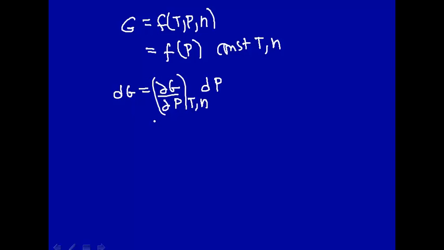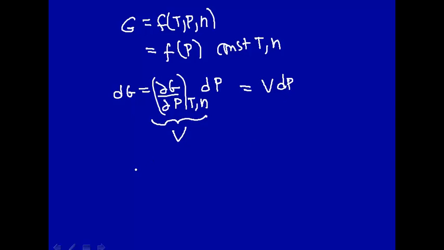And let's make the assumption this is an ideal gas. No, actually we don't. You don't have to make the assumption it's an ideal gas. Remember from, two lectures ago perhaps, that how G changes with pressure at constant T is volume. Okay, so we can write this as V dP.